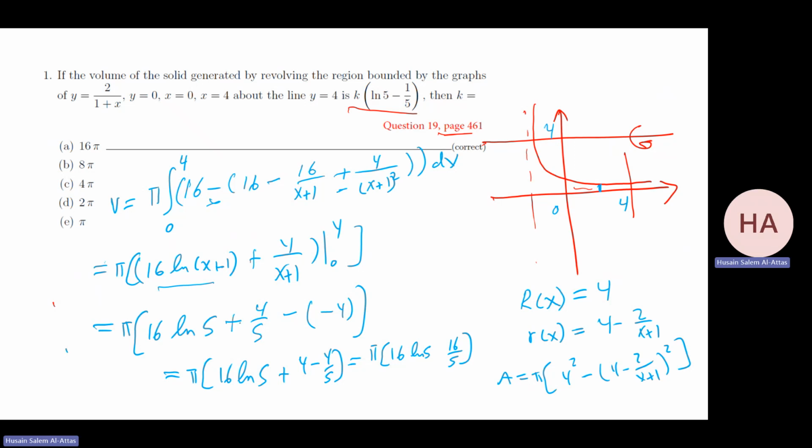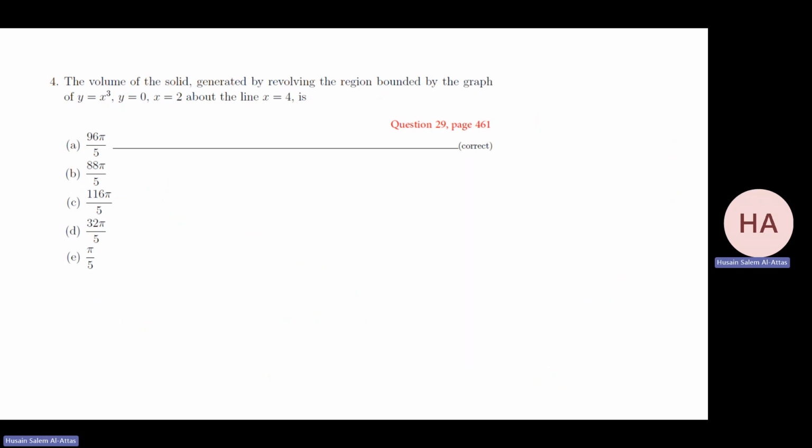So I have plus 4 over 5 minus 4, so that will be the opposite. Minus 4 plus this, so this is minus. Yeah. So I can take 16 as a common factor. I have ln 5 minus 1 over 5, which is this one. So k equals 16 times that. Yeah, you need to be careful always with the calculation.